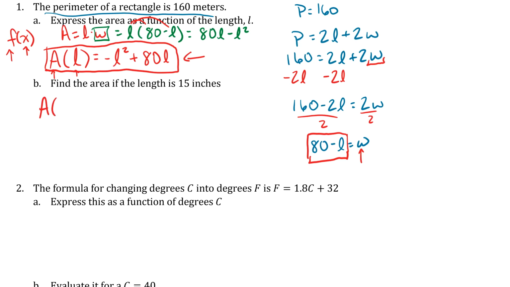So we plug in 15 everywhere we saw L. It's negative 15 squared plus 80 times 15, which is negative 225 plus 1200.